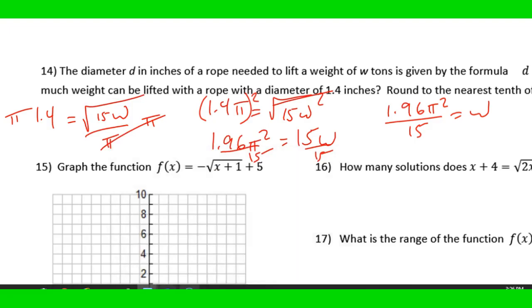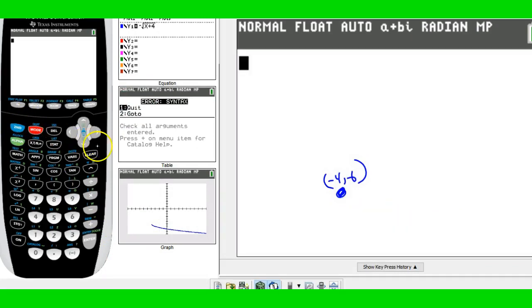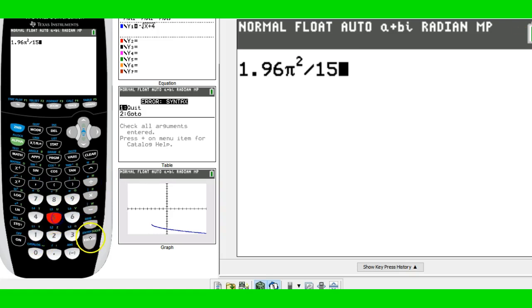All right, wrong thing right here. So here we go. Oops, didn't mean to leave that there. Let's get rid of that. So we have 1.96 squared, pi squared, and then divided by 15.